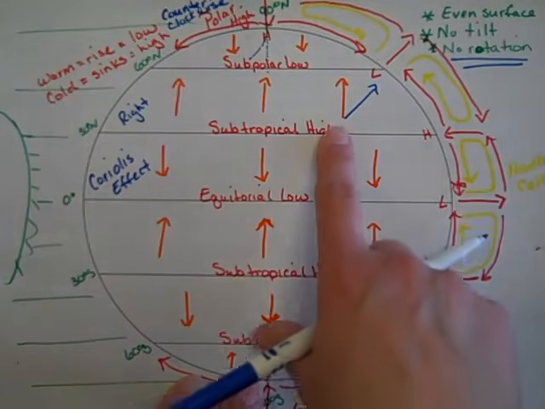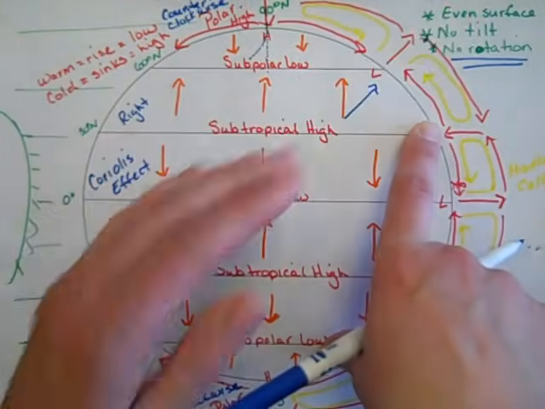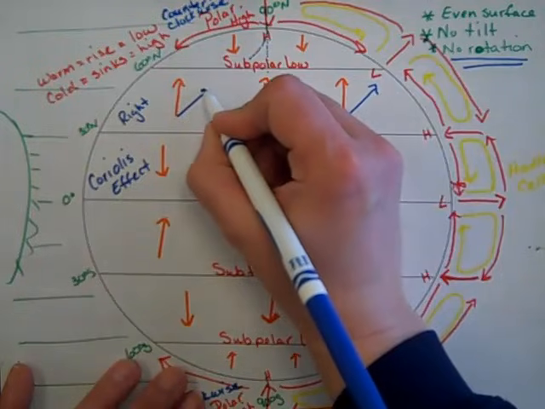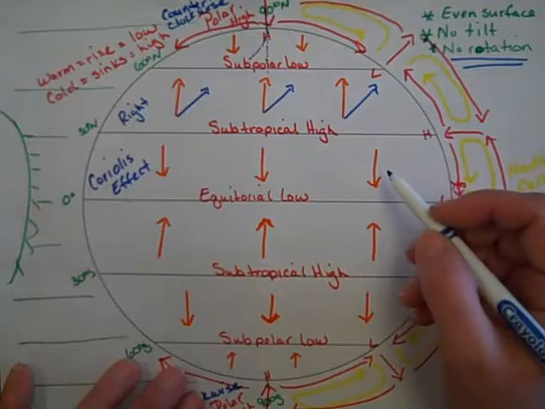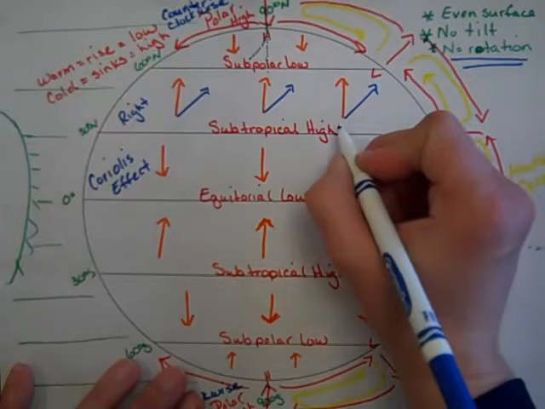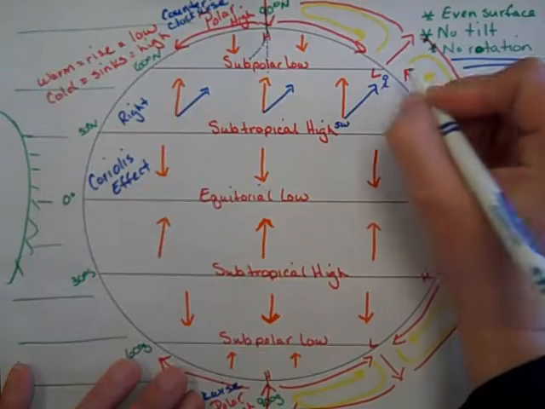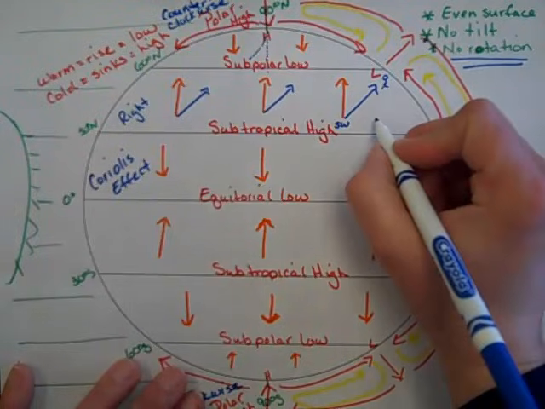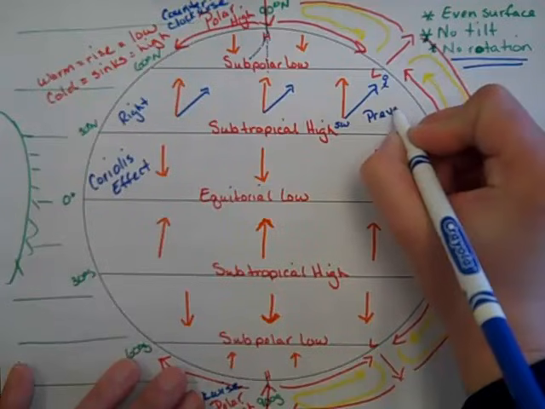So originally our air was moving this way, but because of our rotation, now it's moving this way. So we have a wind belt that gets deflected to the right. Now this air appears to be coming out of the southwest. So if you're standing up here, this air appears to be hitting you from the southwest. So we call these the prevailing westerlies.